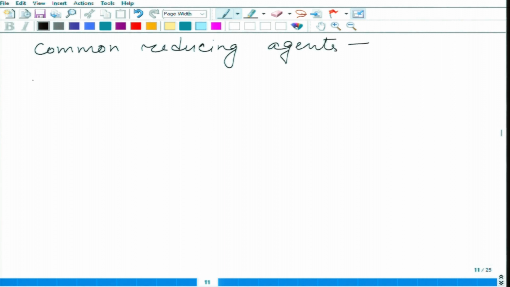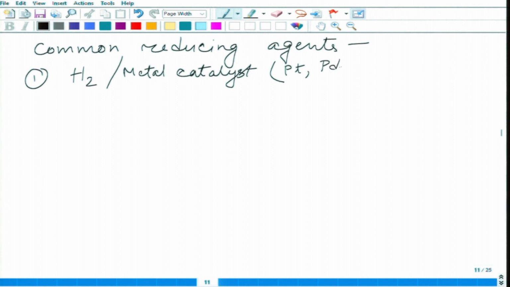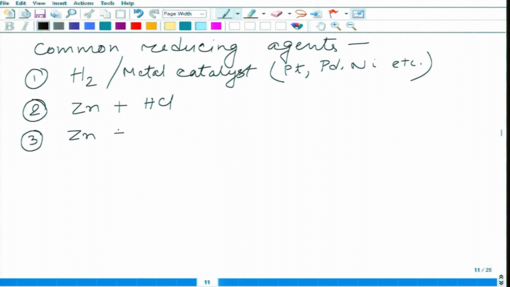Okay. So, one is hydrogen with metal catalyst. Generally, metal catalysts that are used are platinum, palladium, nickel, etc. Okay. Then zinc plus HCl. Zinc plus acetic acid.